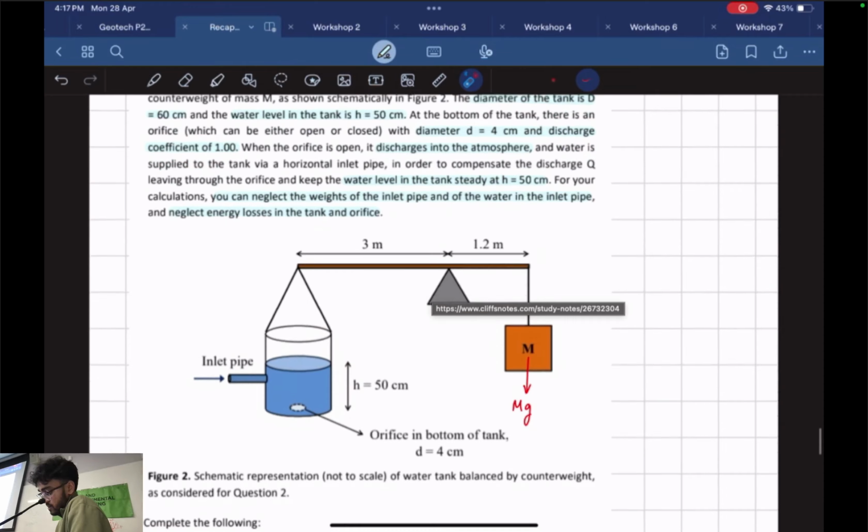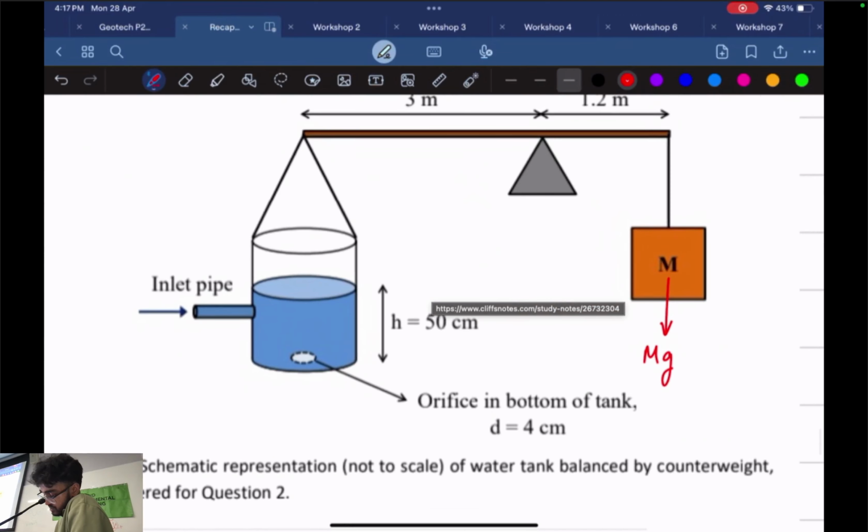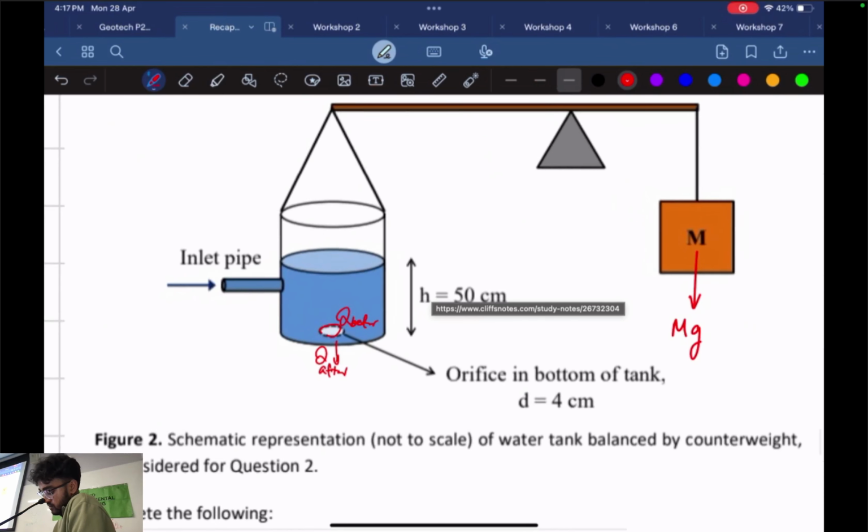What that pretty much means is that the velocity just before it exits and the velocity after it, or the flow before it exits, just before, and the flow out after is going to be the same. Right? The way it changes is that flow after is going to be equal to discharge coefficient times flow before.